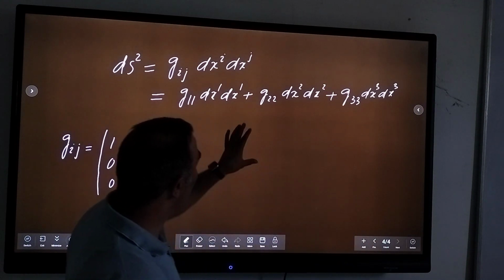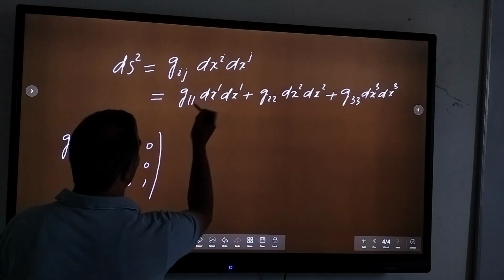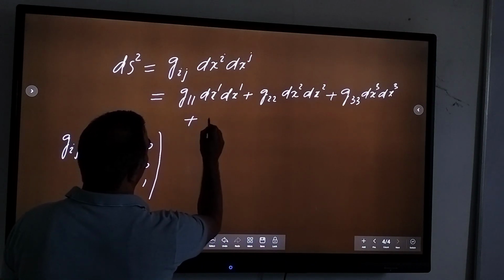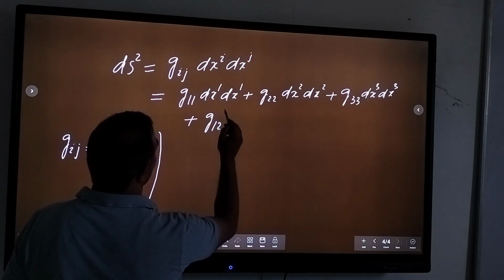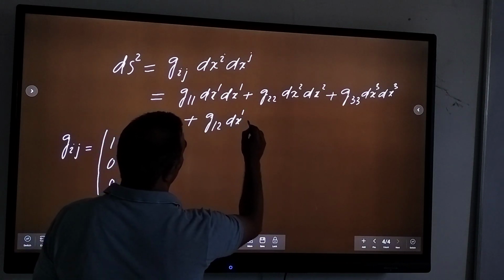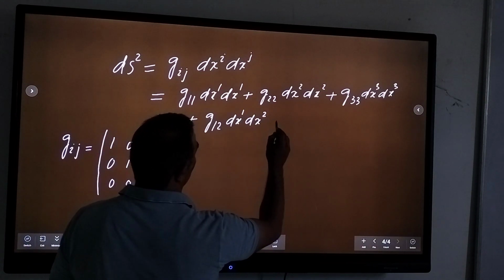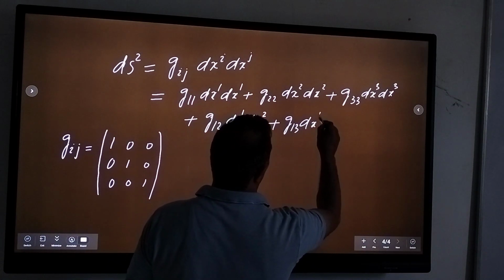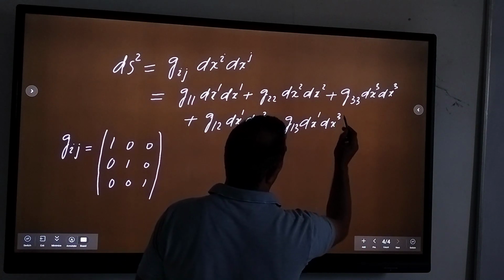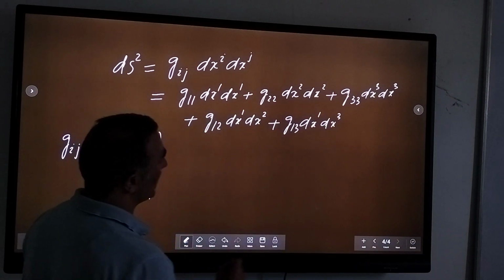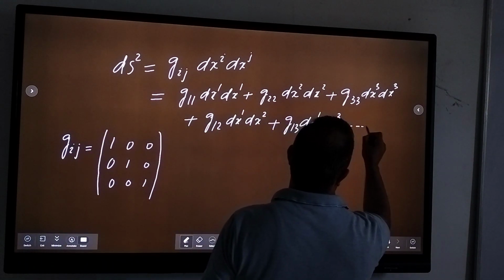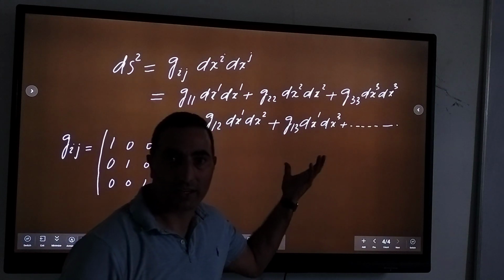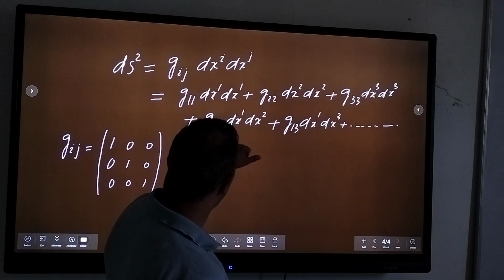Now if you take an off diagonal element, if I write another term here, plus I can have g of 1 2 also, that is dx1 dx2, and some more terms. But what will happen to this term?